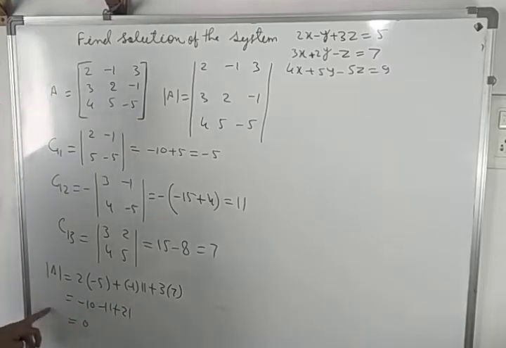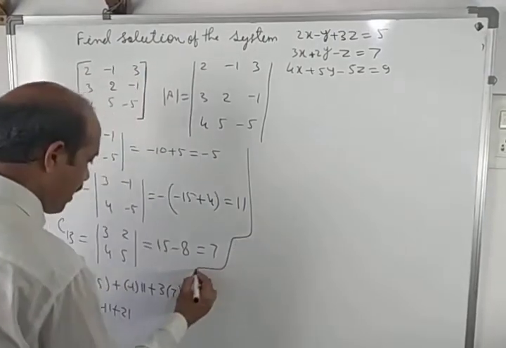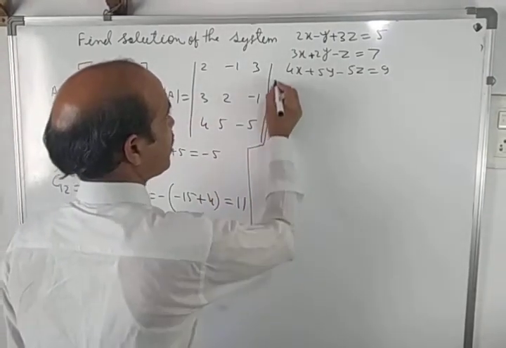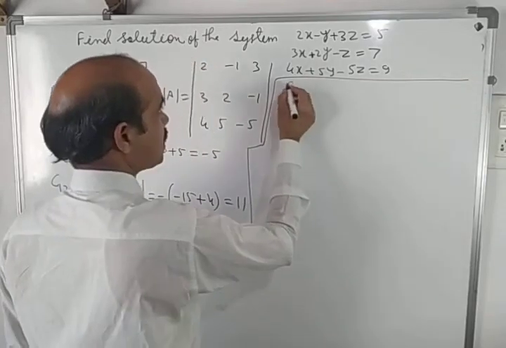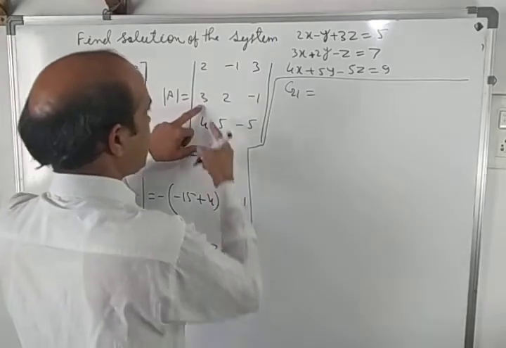When determinant of A is 0, then there are two options. Either adjoint of A into B will be 0, or adjoint of A into B will be non-zero. So we are going to find out the adjoint, and then we will get the value of adjoint of A into B. For this we need the remaining cofactors, second row, first column.